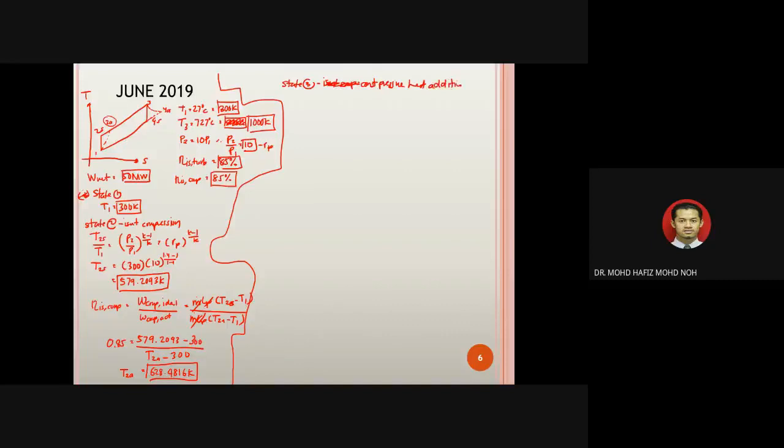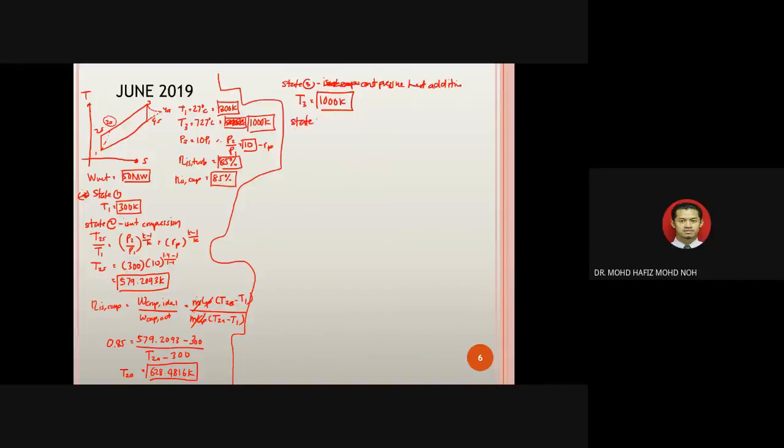So they give you the value of T3. So T3 is equal to 1000 Kelvin. Okay. And then you can proceed to calculate the value at the state 4.